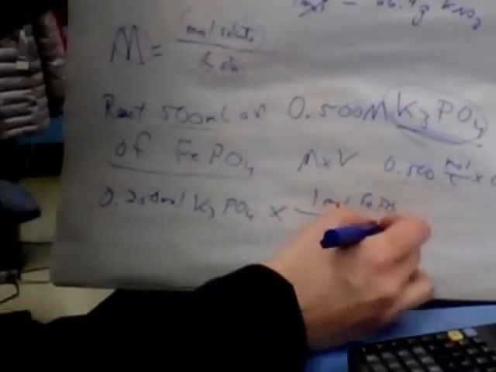So it's a 1-to-1 ratio. This actually isn't going to change my number at all, but it's important that we show that we have taken into consideration that it's a 1-to-1 relationship. So we're going to have 0.250 moles of FePO4.